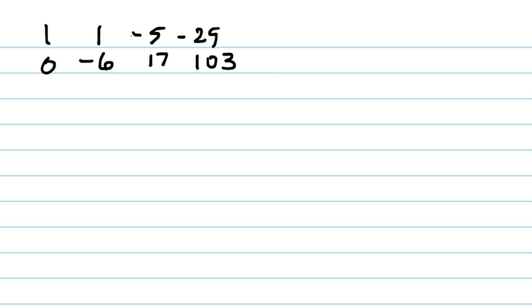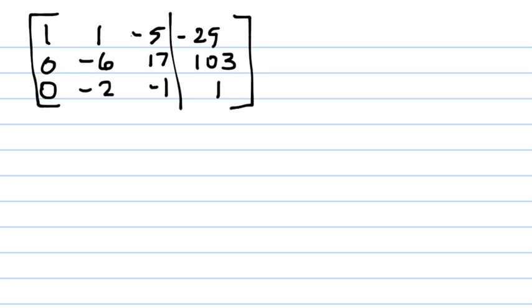Okay, so it's 1, 1, negative 5, negative 29, 0, negative 6, 17, 103, 0, negative 2, negative 1, 1. Okay, let's put in our labels because that's crucial. This is still row 1, but this is new row 2 and new row 3.